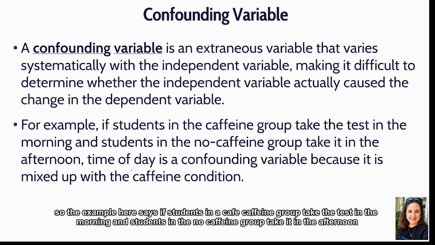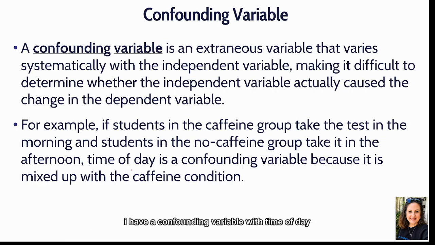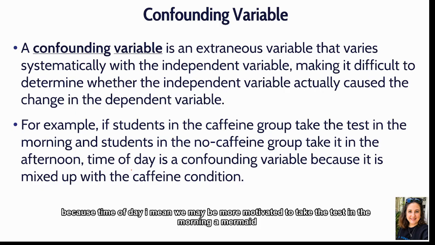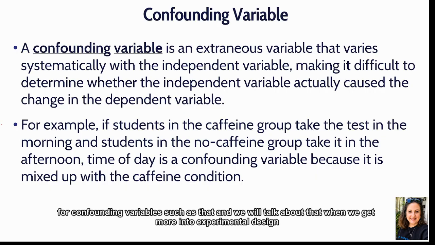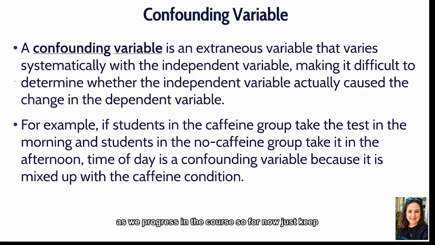So the example here says if students in the caffeine group take the test in the morning and students in the no caffeine group take it in the afternoon, I have a confounding variable with time of day, because we may be more motivated to take the test in the morning and we may just simply do better. So there's ways to control for confounding variables such as that, and we will talk about that when we get more into experimental design as we progress in the course.